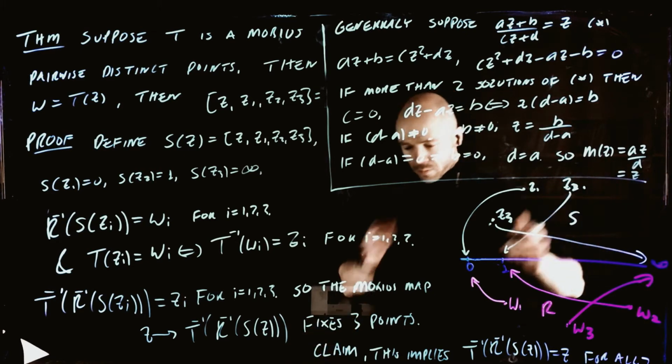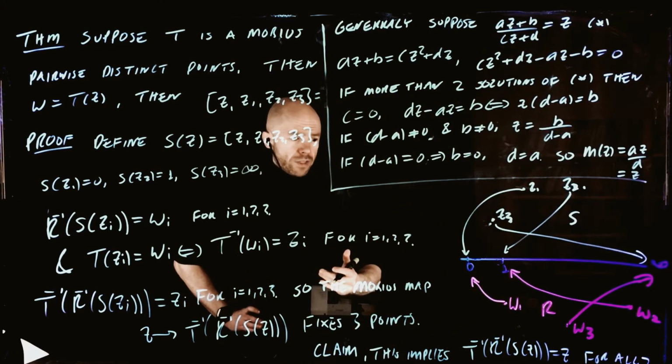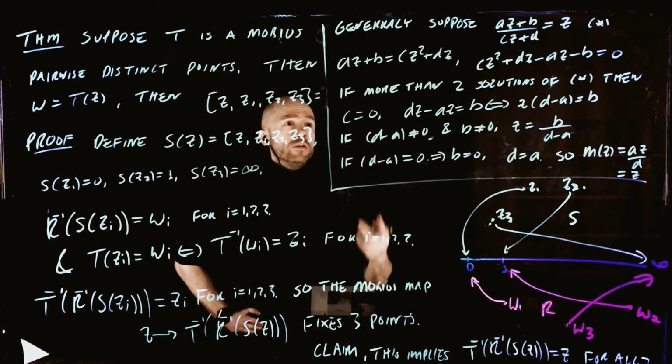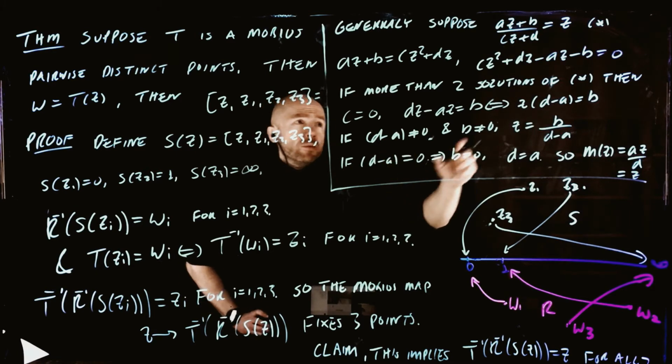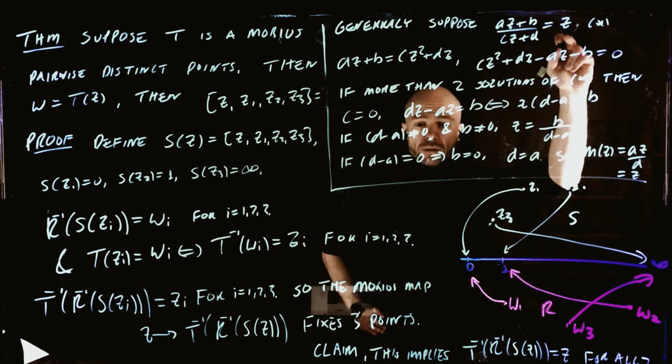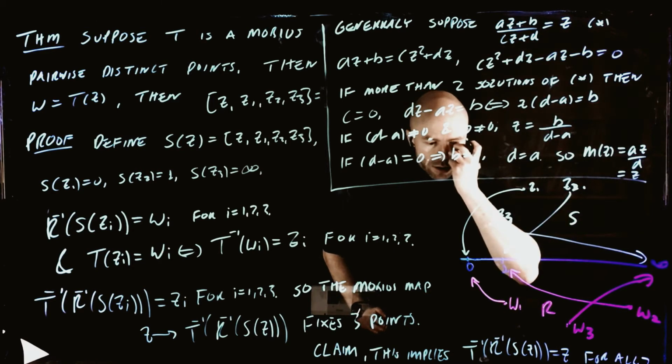Yeah? So, the conclusion of this is that if we have more than two points that are fixed by a Mobius transform, which is the same as having more than two solutions to this equation, that can only happen with the identity mapping. Yeah, cool.